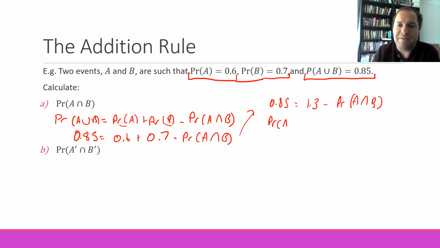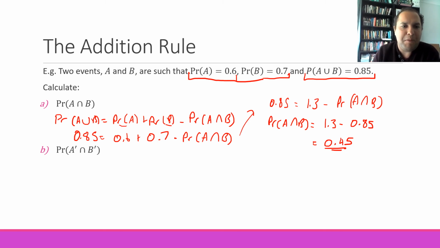So the probability of A and B will actually equal 1.3 subtract 0.85, which equals 0.45. So the probability of both A and B happening is 0.45.